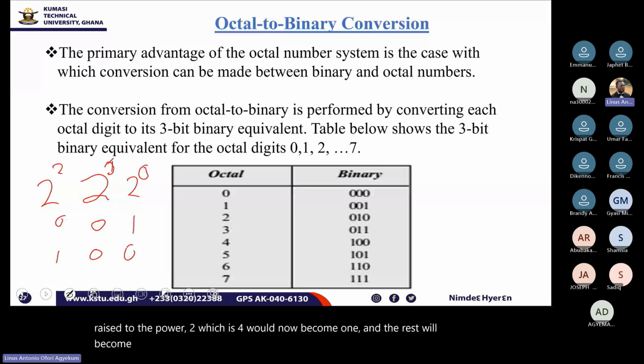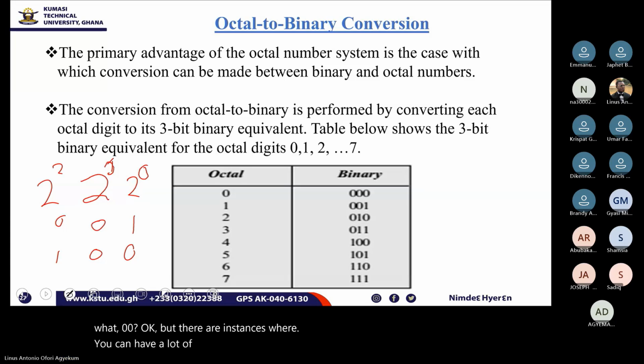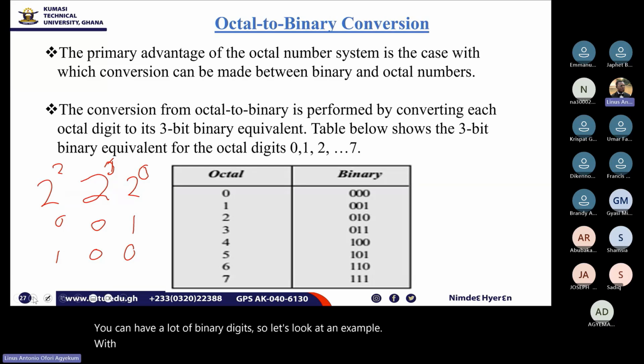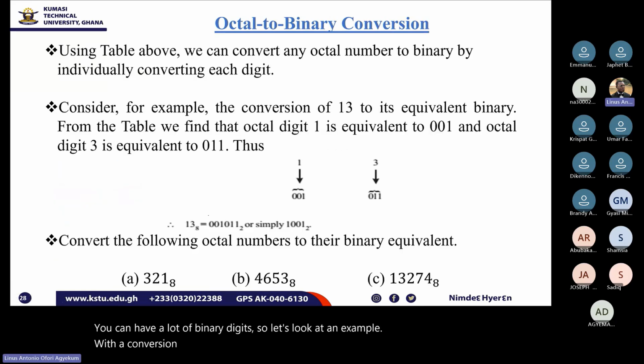But there are instances where you can have a lot of binary digits. So let's look at an example of a conversion from octal to binary.